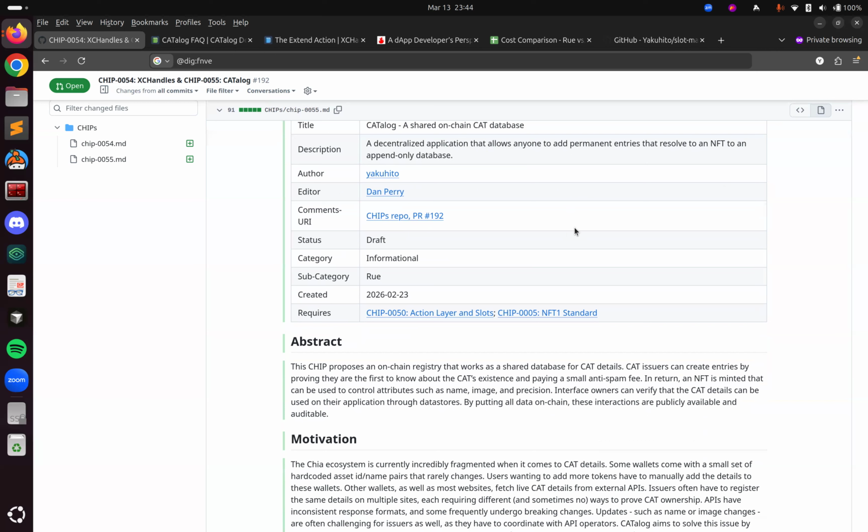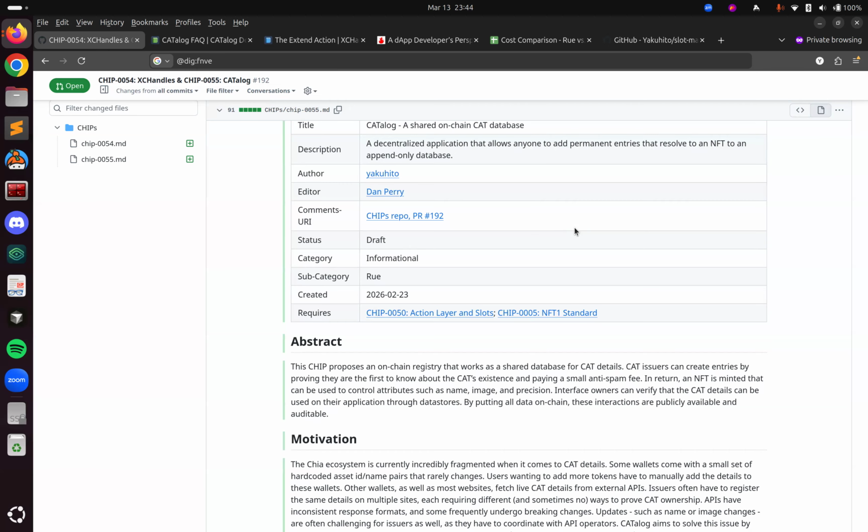As I mentioned previously, it's a shared on-chain CAT database. And the idea is that if you have a token, you register it. And then as the issuer, you have the ability to update details about it. Also, there are these other entities called verifiers. So for example, if I display tokens on my website, I might want to be a verifier. So I check the tokens that are displayed on my website because some might not be appropriate.